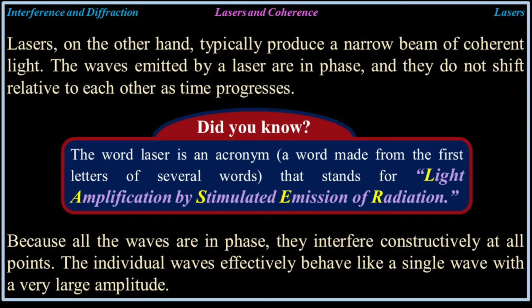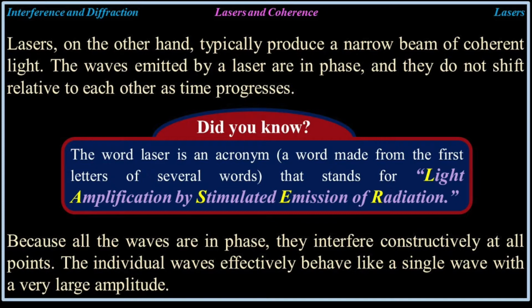The waves emitted by a laser are in phase, and they do not shift relative to each other as time progresses. The word laser is an acronym, a word made from the first letter of several words, that stands for light amplification by stimulated emission of radiation.